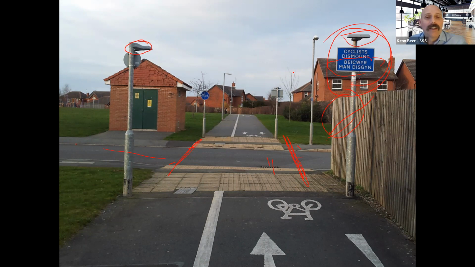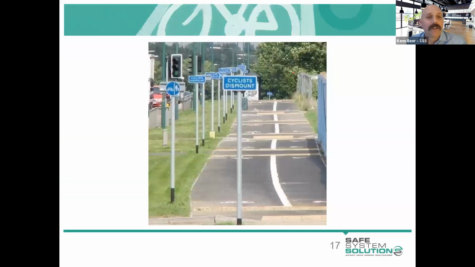And there's the sort of hilarity, which I briefly showed before, that comes when you see this sort of stuff. Really, a cyclist dismount sign is just a pop-out and an attempt to make somebody administratively feel like they've done their job, and we have not rectified the issues whatsoever.